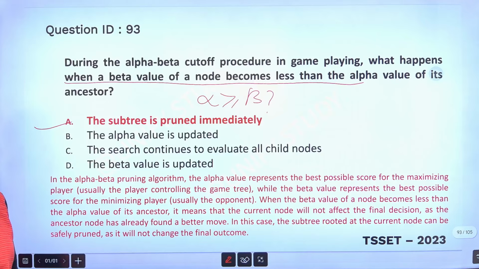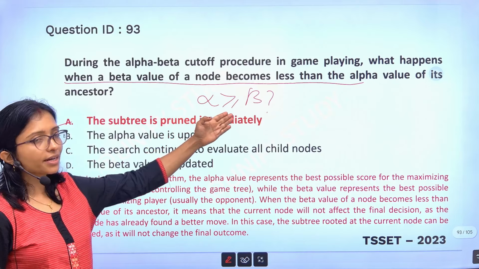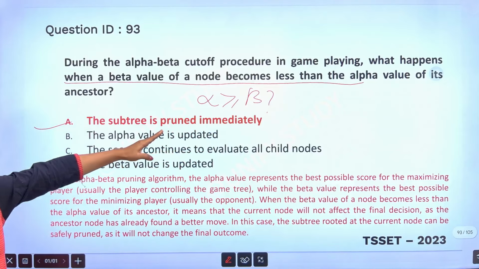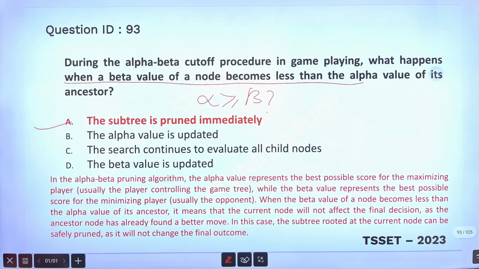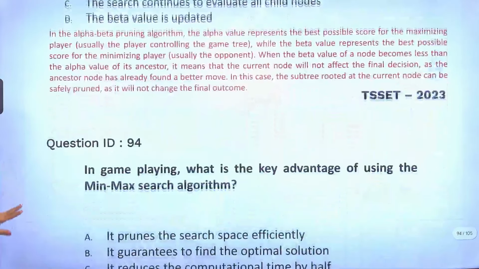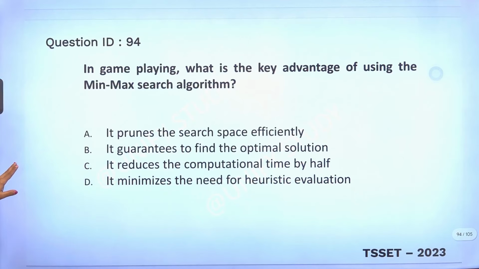Is it or not? That was your main condition. We did it in the minimax game tree. You are making a mistake here. Now do this.